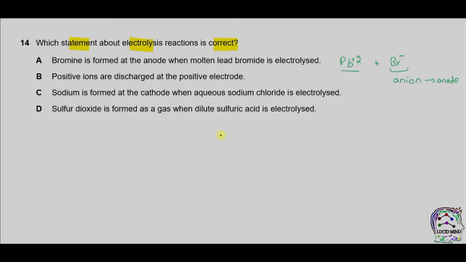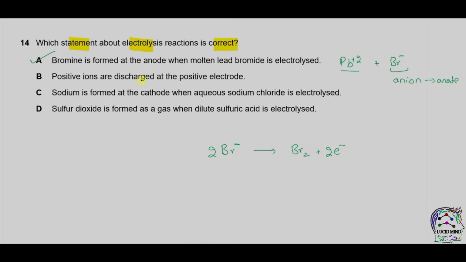So when bromide ion moves towards the anode, it will lose its electrons and form bromine gas. We can balance the equation: 2 bromide ions form 1 molecule of bromine along with 2 electrons that are lost. So this one is correct.